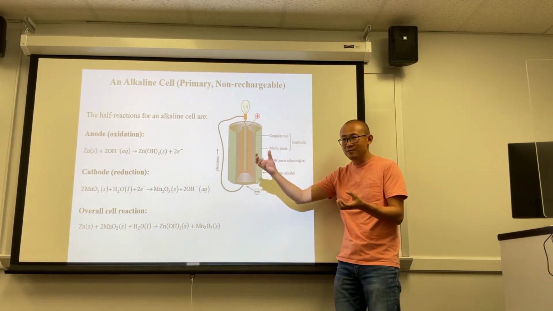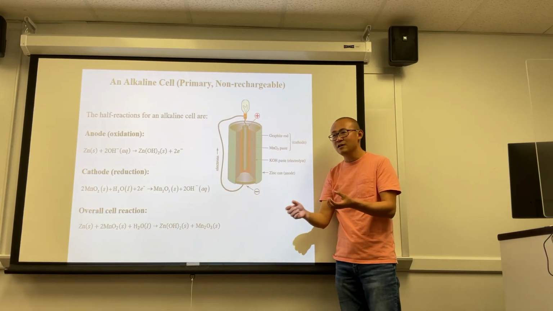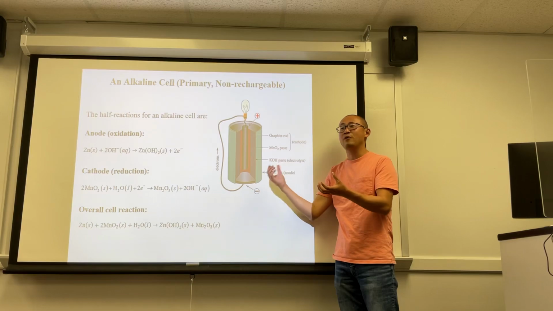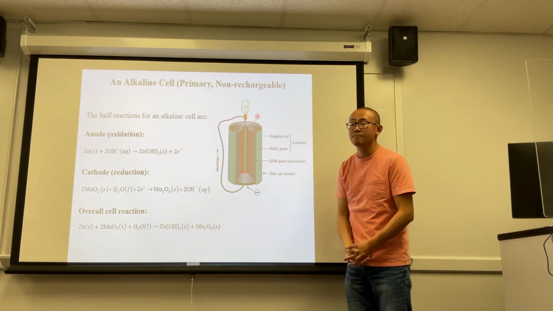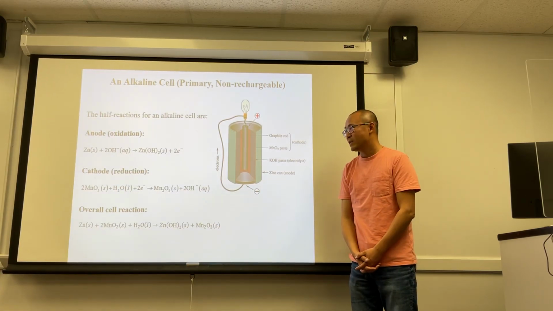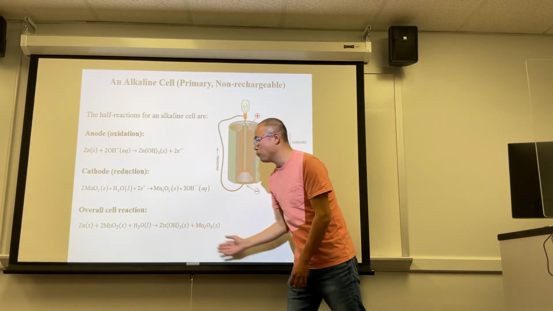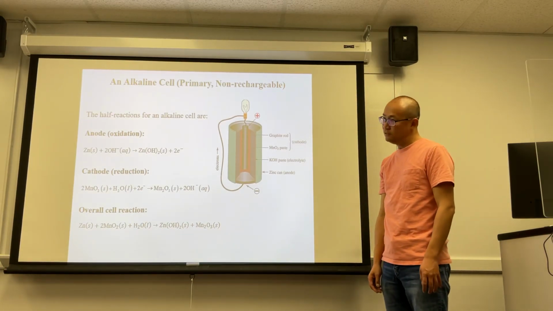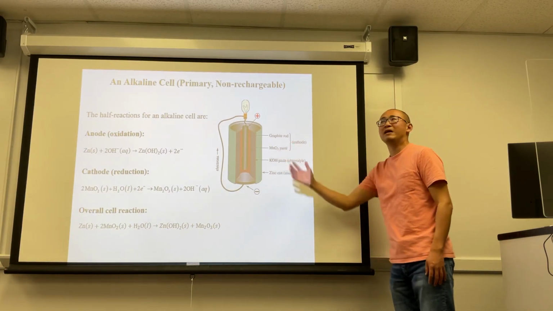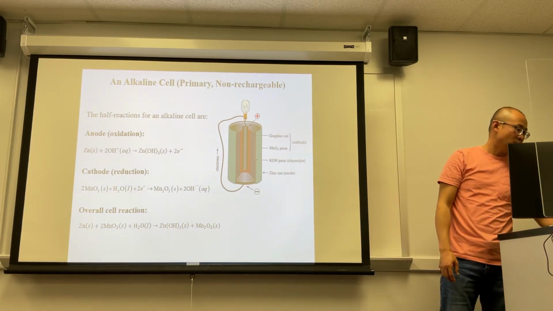When you put the battery in a device, your flashlight, when you open it up, oh shoot, the battery leaked. You see the white pasty stuff? That's mostly potassium hydroxide. Okay, and if you add these two together, you get the overall reaction of the alkaline battery. Okay, so this is what happens inside an alkaline battery.